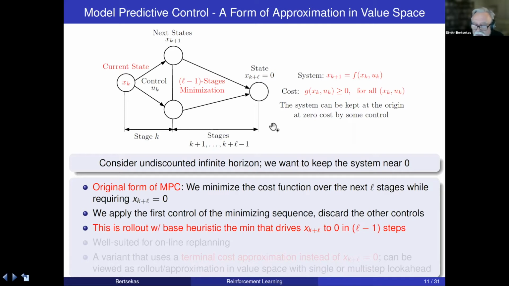But in MPC, you calculate a sequence that takes you exactly to 60 miles an hour after 10 steps. And you apply the first element of that sequence for the first stage. And then you redo the calculation and so on. And this calculation is simpler than solving the problem over an infinite horizon, particularly if you have constraints on control and state.